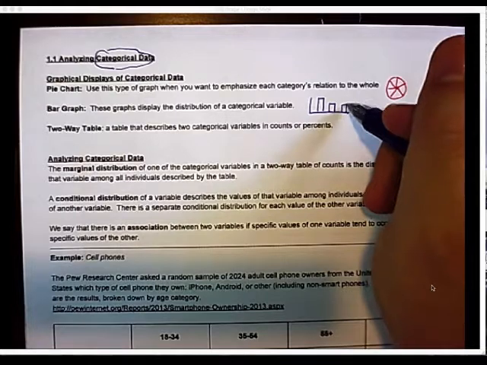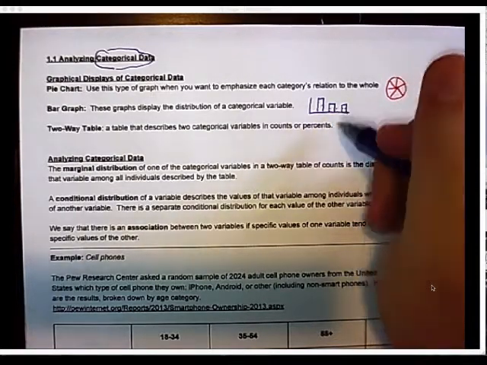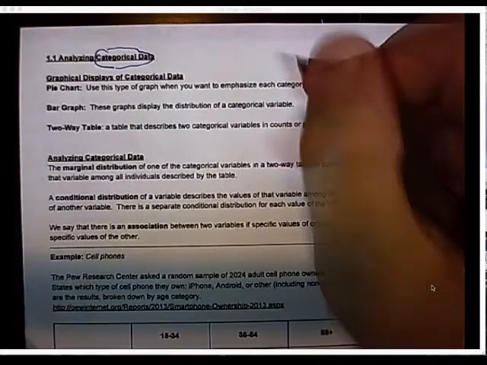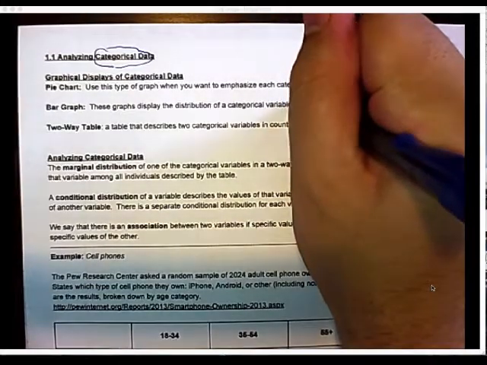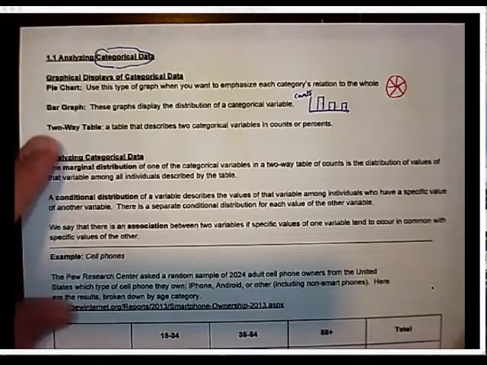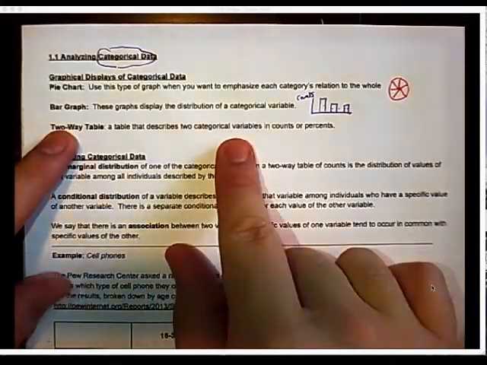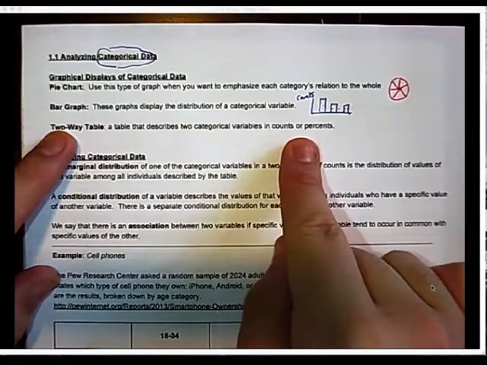Maybe this one's 70%. So these bar graphs don't necessarily have to total 100%. And they can be in terms of counts, not necessarily percents. It could be counts or percents. And the last way we can do this is we can make what's called a two-way table, and that's a table that describes two categorical variables in counts or percents.